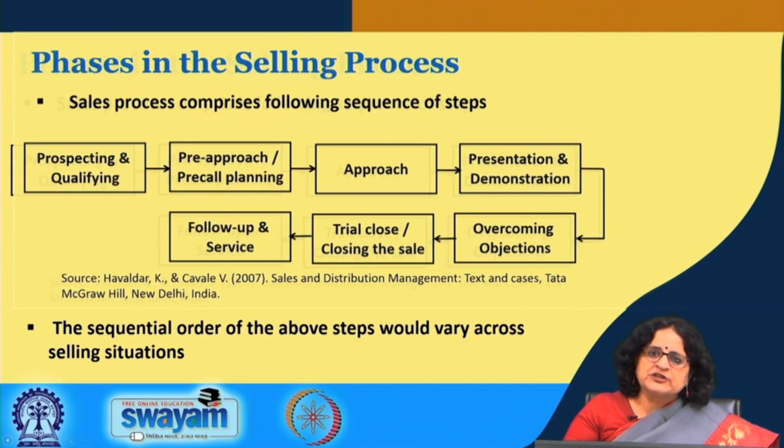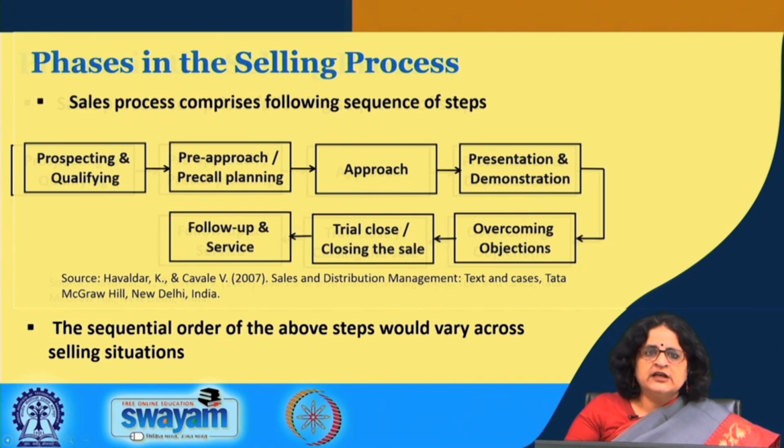The fourth stage is the presentation and demonstration, where the salesperson makes a presentation to the prospect and gives a demo or demonstration. The next stage is where he overcomes objections posed by the prospect, and then he goes in for a trial close and closes the sale.